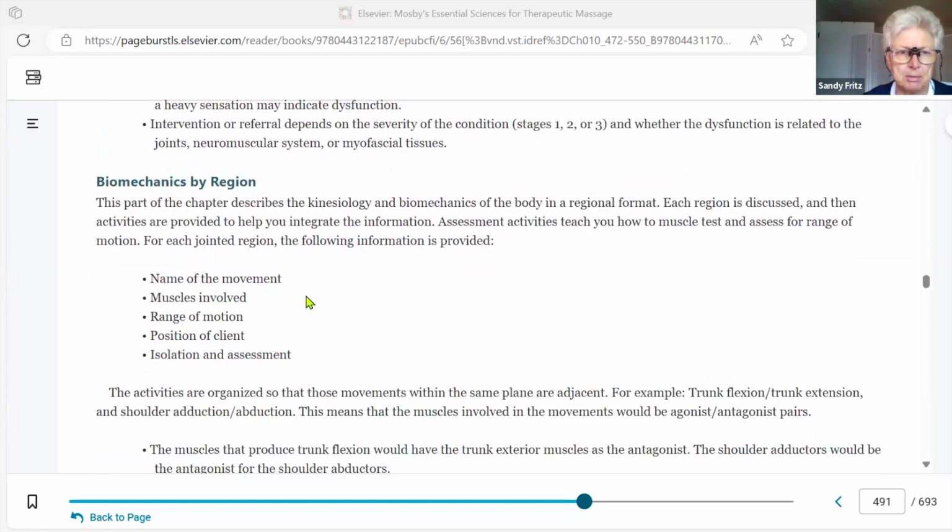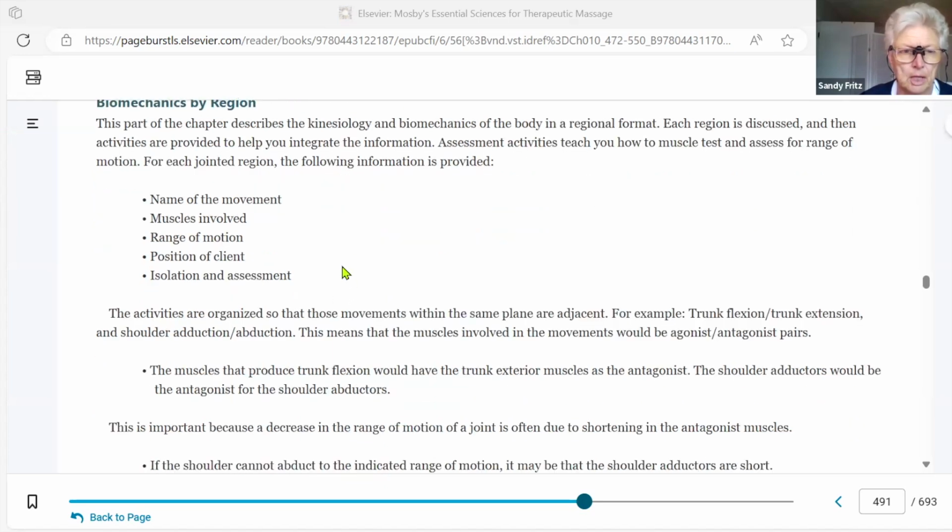So the name of the movement, the muscles involved, the range of motion that would occur with active or passive joint movement, and one way we can position the client so we can isolate these movements, and then we can do some sort of a muscle challenge assessment, a muscle testing assessment if we want to. The textbook is set up so the agonist-antagonist patterns are adjacent to each other. This will become more clear when I show you an example.